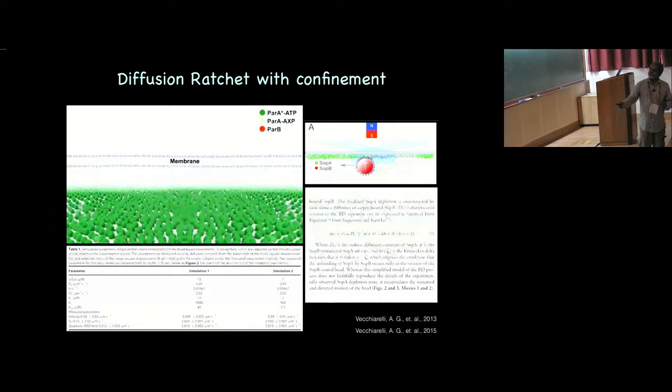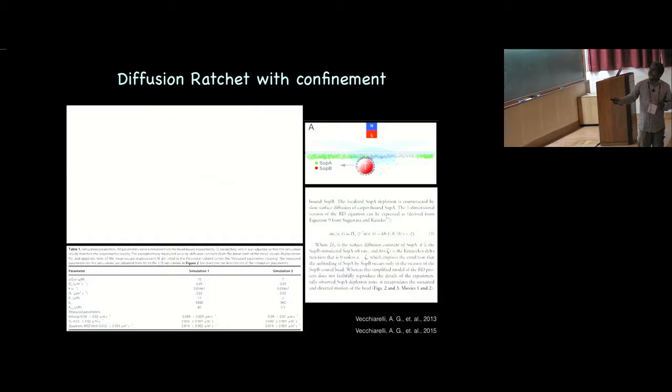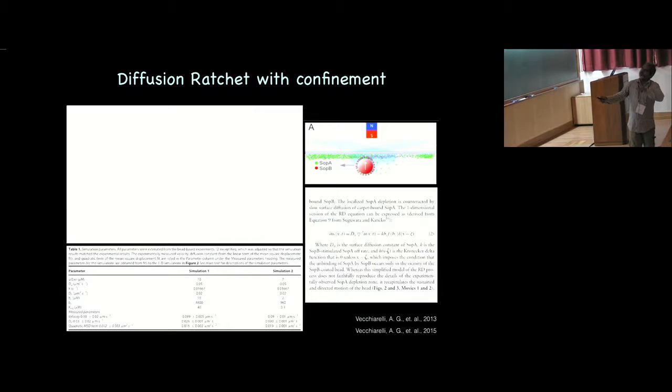To recapitulate such a system, they used a magnetic bead held close to the surface of a glass cover slip with the DNA molecules loaded there. With the magnet, they can always hold the bead very close to the surface to artificially create that confinement instead of putting a membrane there. So that's what they did, and they could find directional motion.